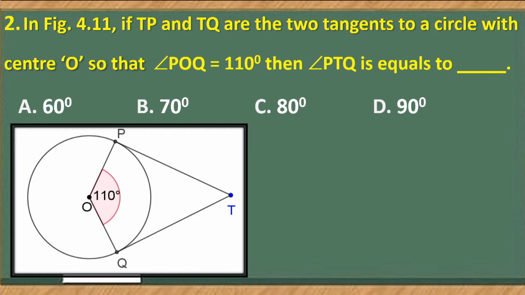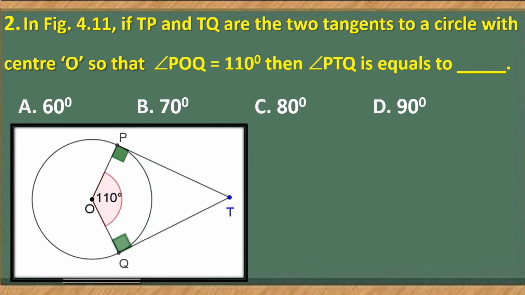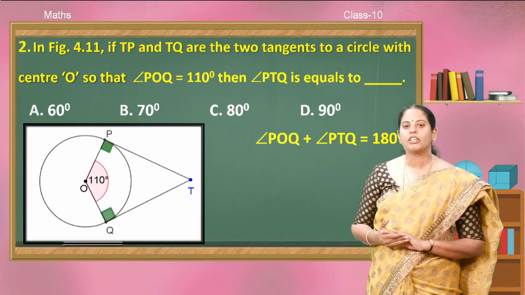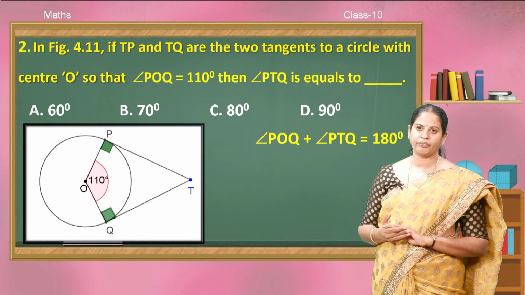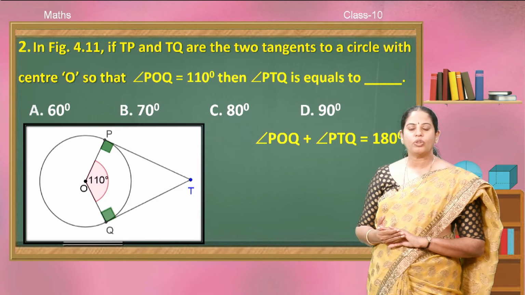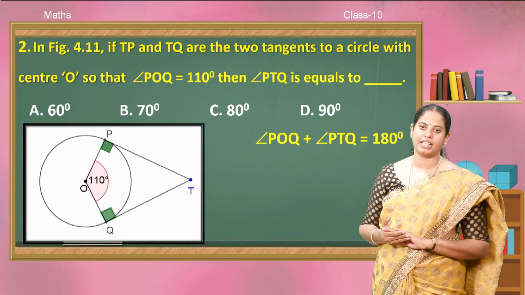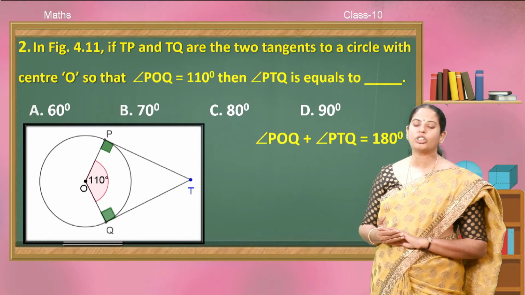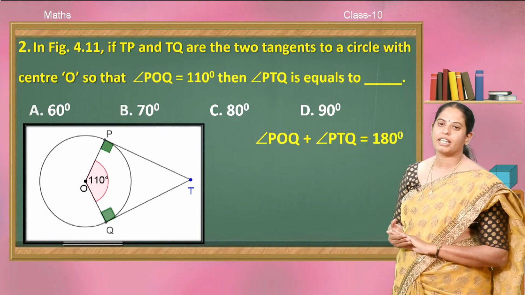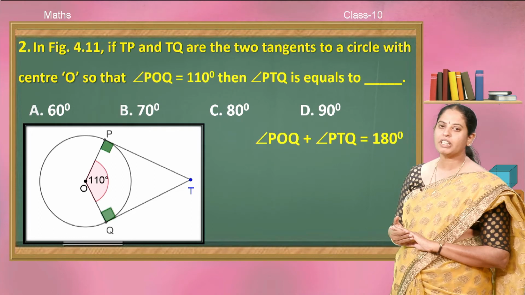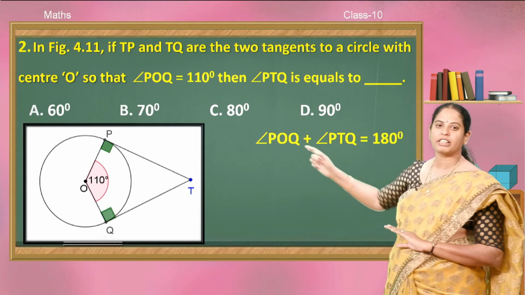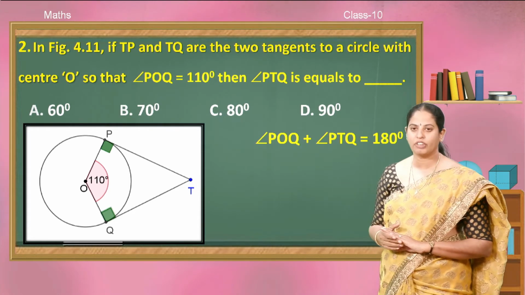We know that angle P is 90 degree and angle Q is 90 degree according to theorem 4.1. Now, you can observe the changes, but observe what this OPTQO is. OPTQO is a quadrilateral. Angle POQ plus angle PTQ must be 180 degree because the other two angles are already 180 degree.